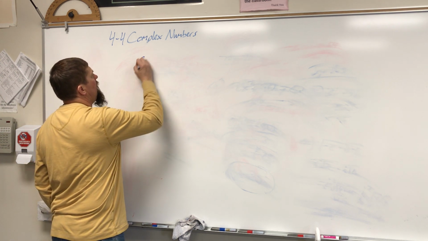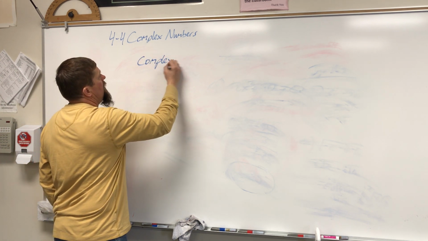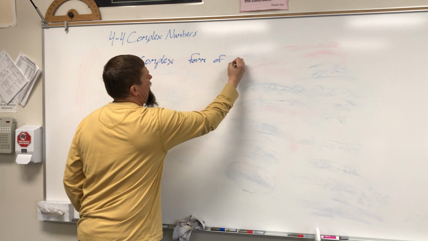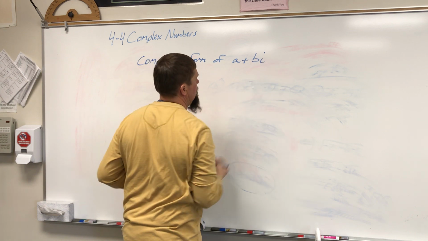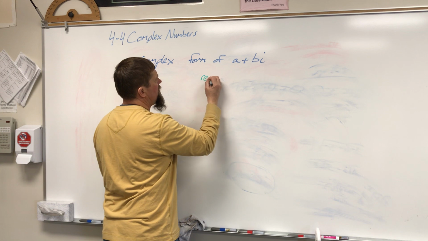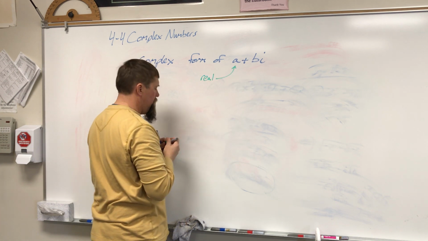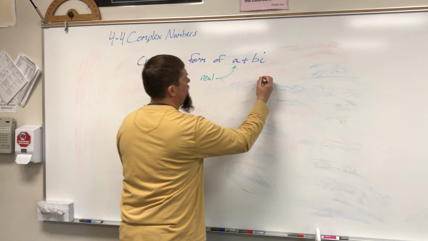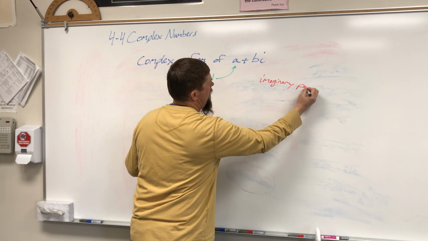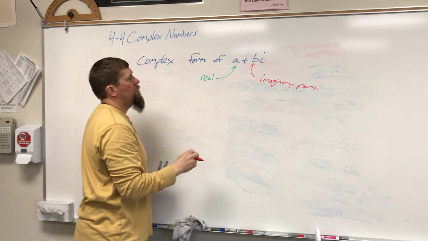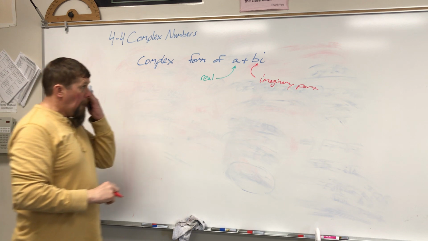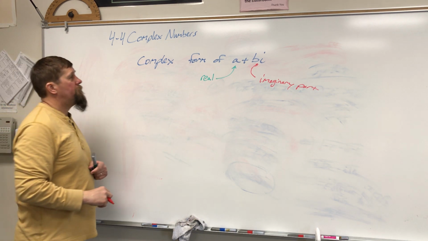Okay, so we said a complex number is in the form of a plus bi, where a is the real part, b is the imaginary part. Actually, bi is the imaginary part. Every number can be written in this form.